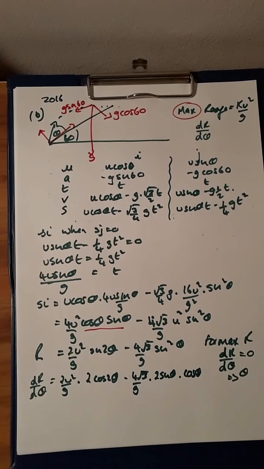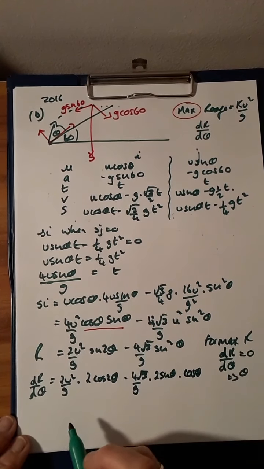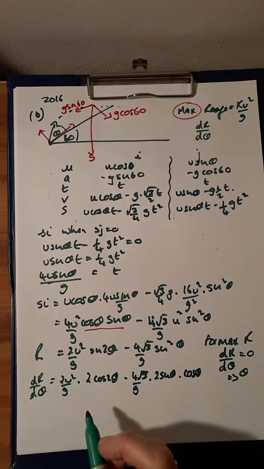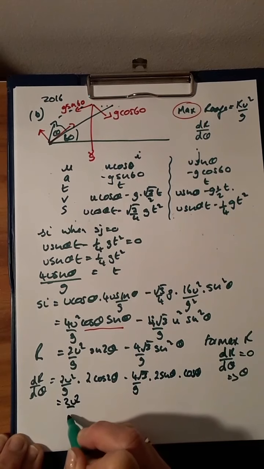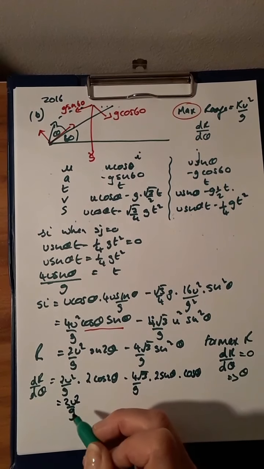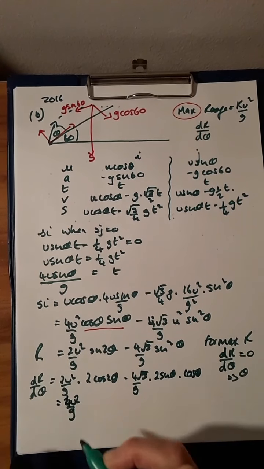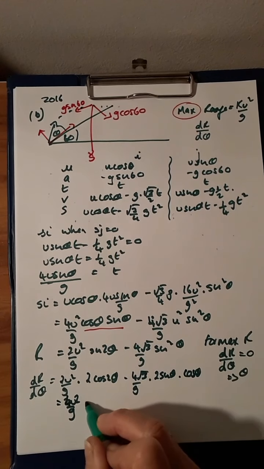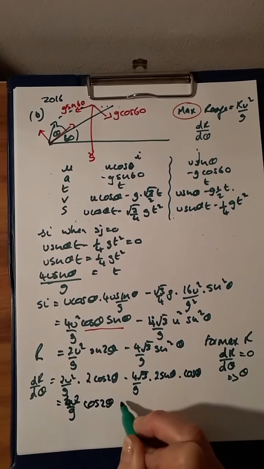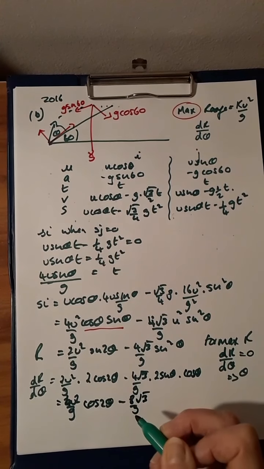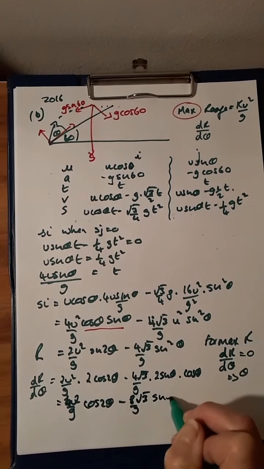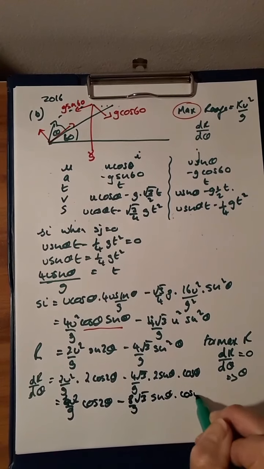Okay, now then, this will give me 2u squared over g, or 4u squared over g by cos 2 theta, minus 8 root 3 over g by sine theta cos theta.